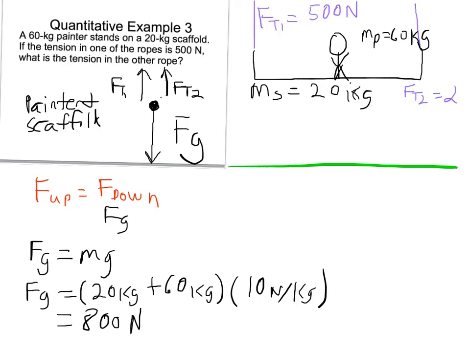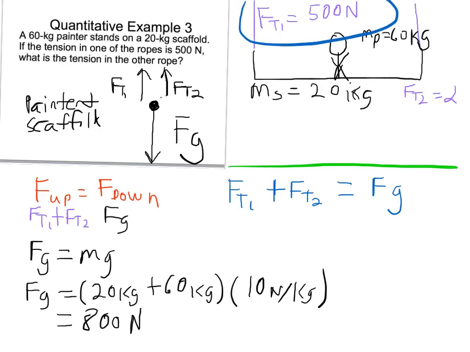My up forces are FT1 and FT2. That means that, different part of the problem, switching to a different color, all the up forces, FT1 plus FT2, have to equal Fg, which I just found out is 800 newtons. And FT1, we already know from up here, is 500 newtons.